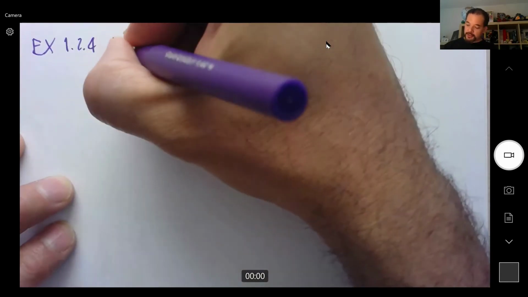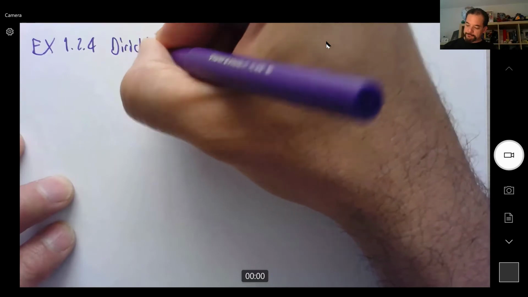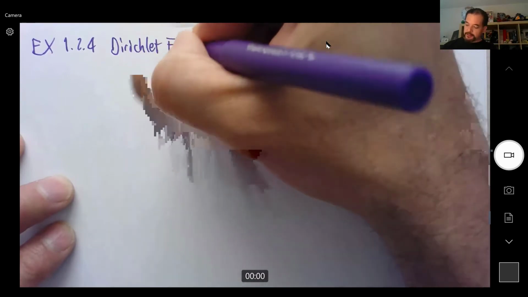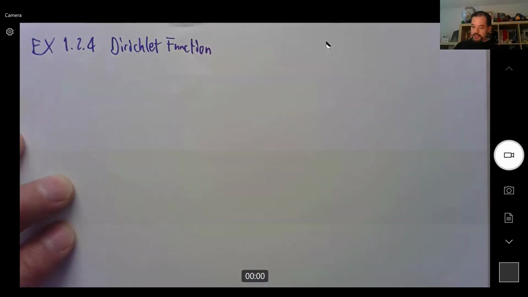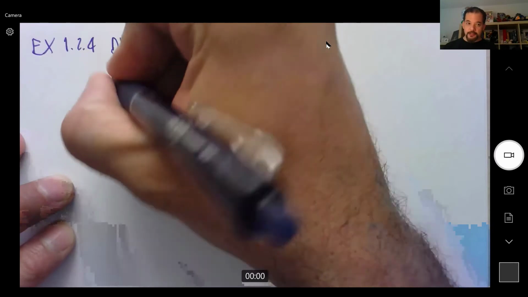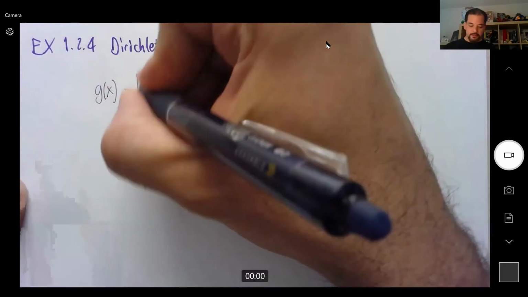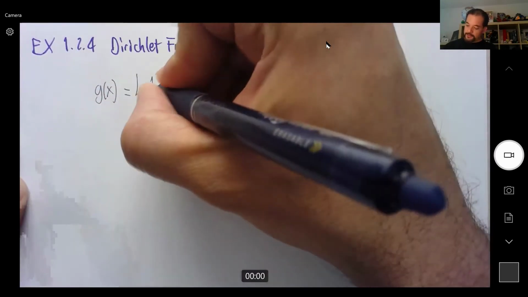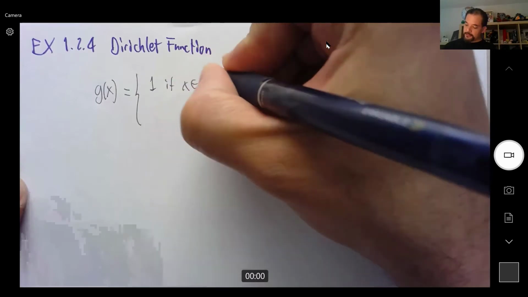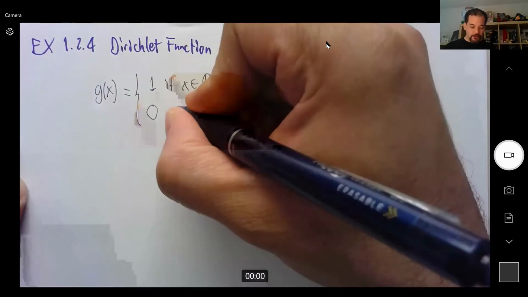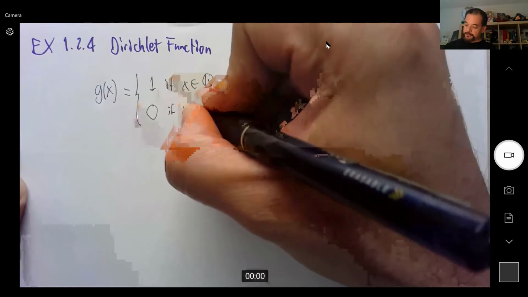It's called the Dirichlet function, and it's an interesting one. It's defined the following way. It's a function g such that you get 1 if x is a rational number, and you get 0 if x is not a rational number.